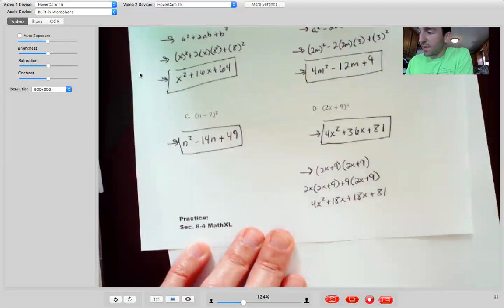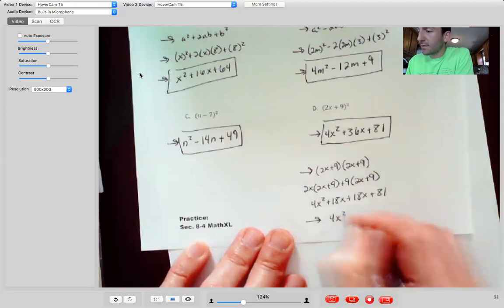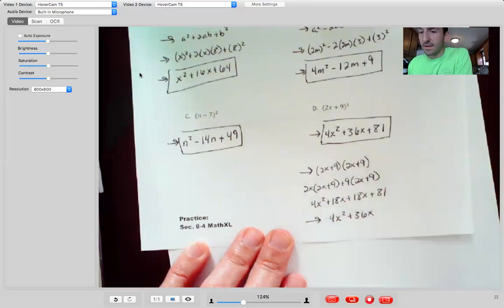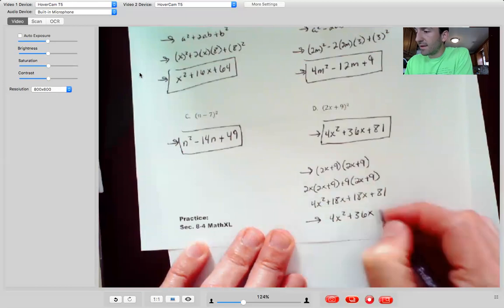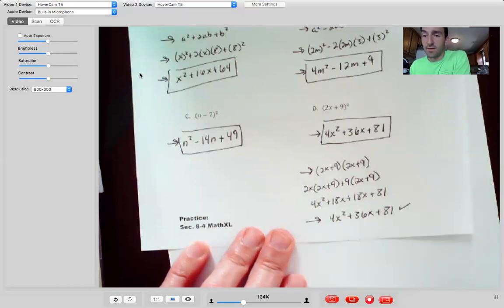So then when we combine like terms, we get 4x squared plus 36x, because 18 plus 18 is 36, plus 81. So that just shows you, and that's what I was talking about at the beginning. A shortcut is nice because it can get you there quicker, but if you don't remember how to use it, you can always get there the long way as well.